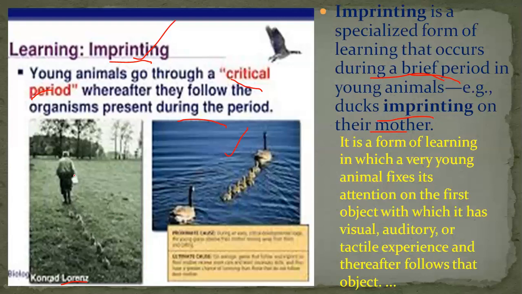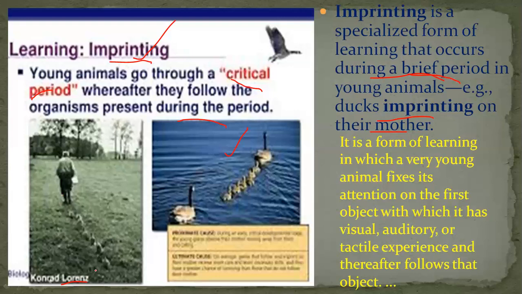Whatever Lorenz did at the time, the goslings started to do the same thing, imprinting the same behavior as Lorenz. It means the first critical hours after hatching are very important for adopting imprinting behavior.